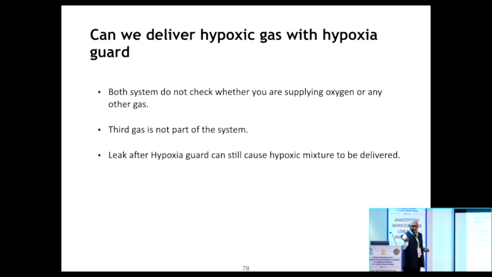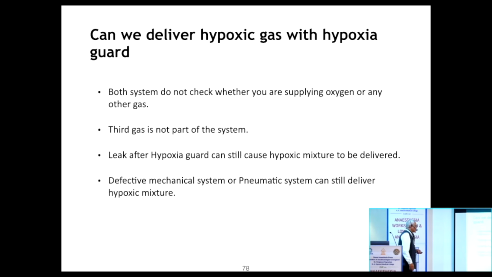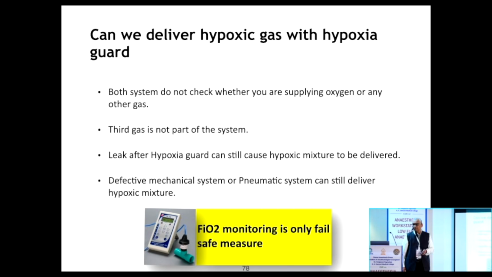And a leak after that is also not identified. A defective system can also create problems. So what is the fail-safe system? FiO2 monitoring. How many of our machines is it still working on? We should not use an anesthesia machine without FiO2 monitoring, especially if you are going low flow.